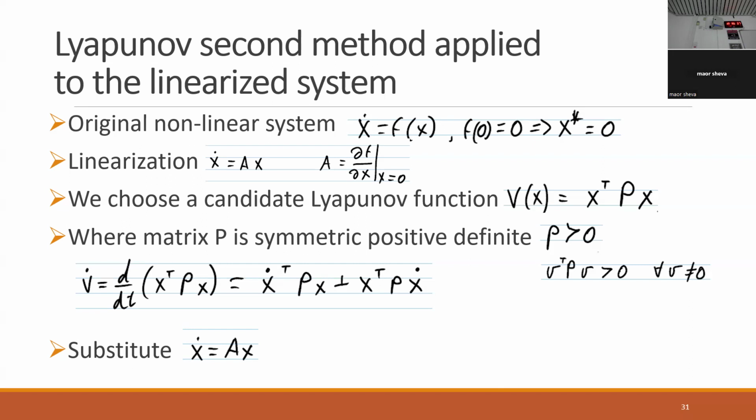So it's the derivative of x transpose Px, which is a multiplication of two functions, x transpose and x, which depend on time. So it's x dot transpose times Px plus x transpose P x dot.